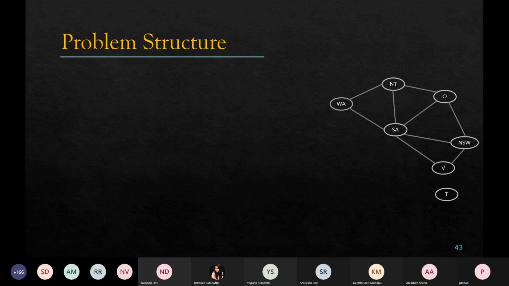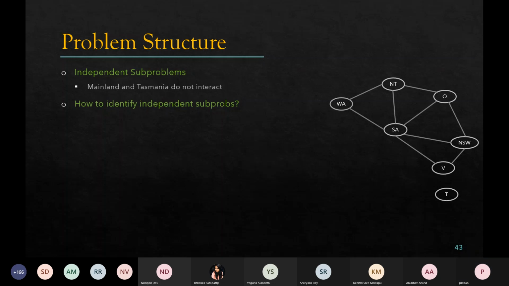So we can divide the problem into independent subproblems, and then we solve the subproblems individually. And we learned in algorithms that we have several approaches which divide the problems into subproblems, solve them individually and come up with the final solution.